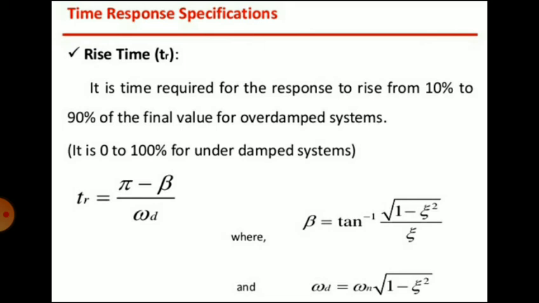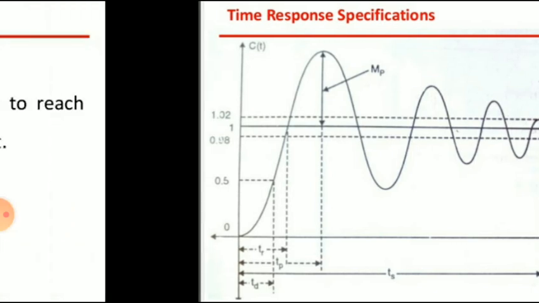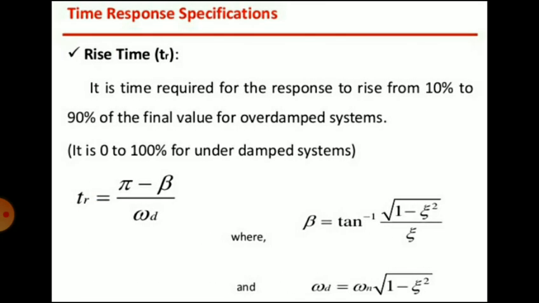So TR equal to (pi minus beta) upon omega d, in seconds, where beta must be in radians. The value of beta equals tan inverse of (under root 1 minus zeta square) upon zeta, and omega d is equal to omega n under root 1 minus zeta square. So you will get the rise time TR. Here you can see at the bottom there is TR, that is the rise time.